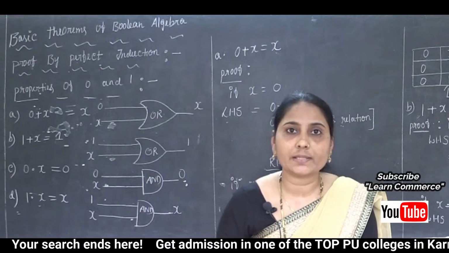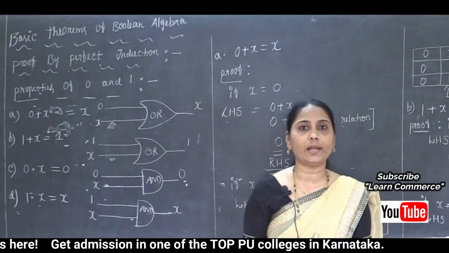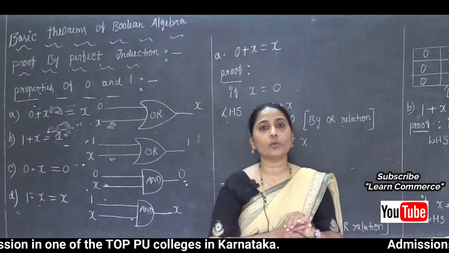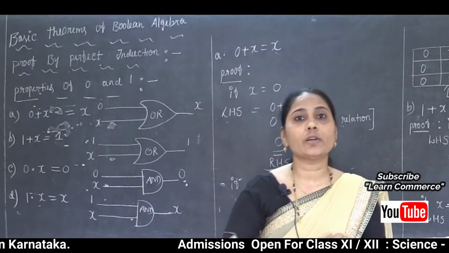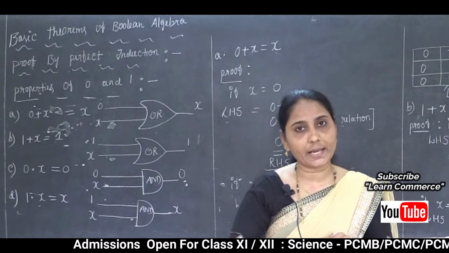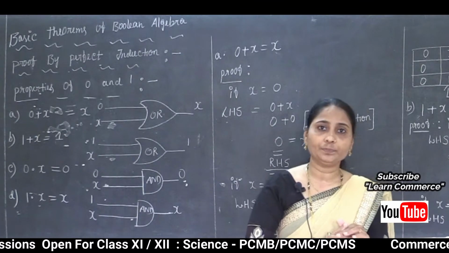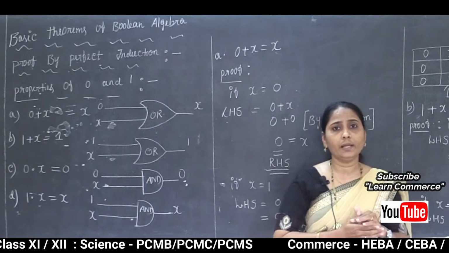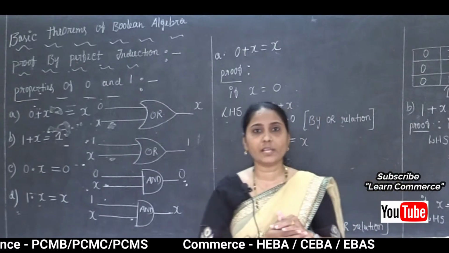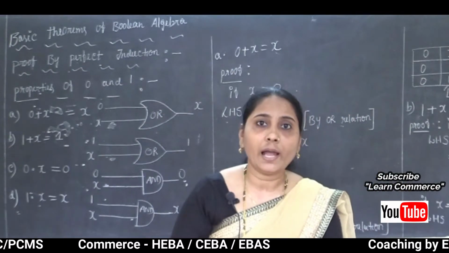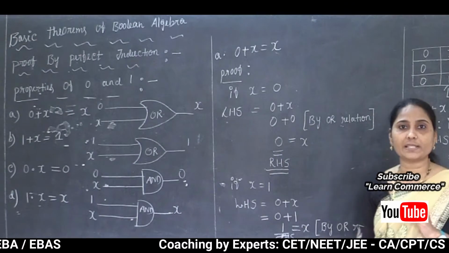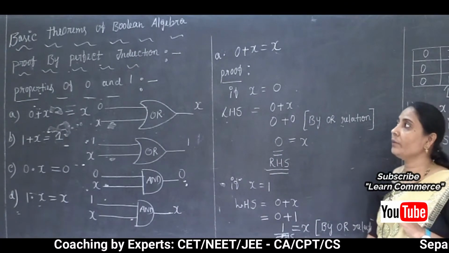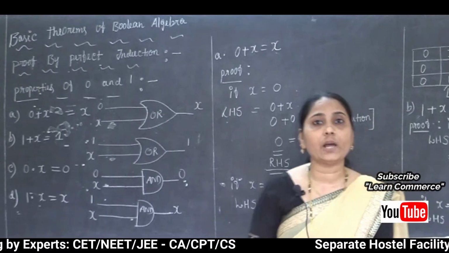We know the three important rules in the principle of duality: changing each OR sign to an AND sign, changing each AND sign to an OR sign, and changing 0 to 1 and 1 to 0. This is the important rule of the principle of duality, and we also know the definition.